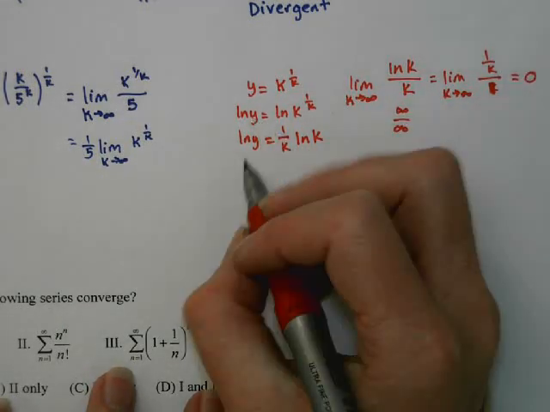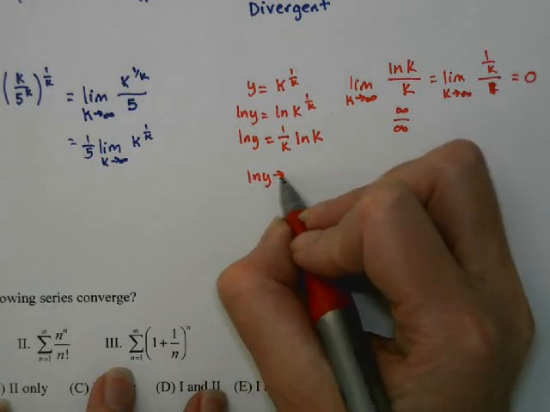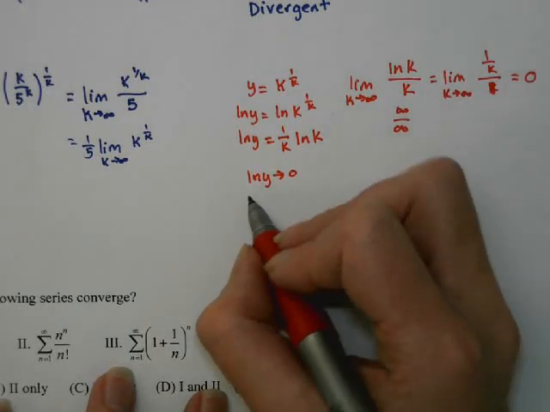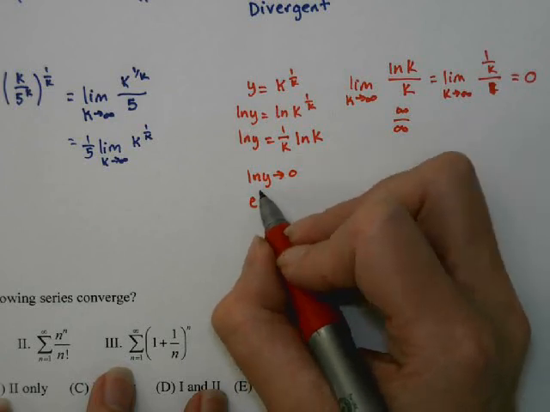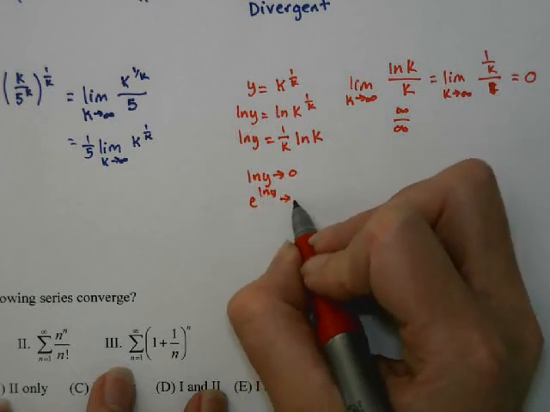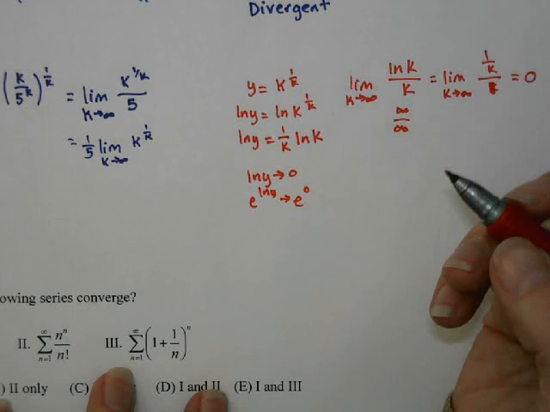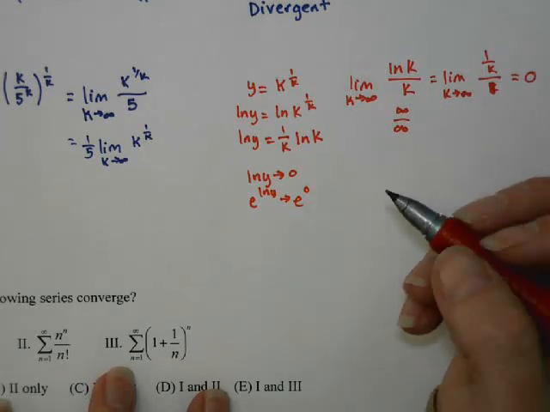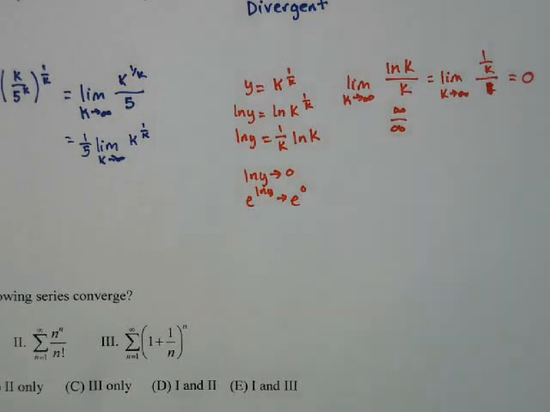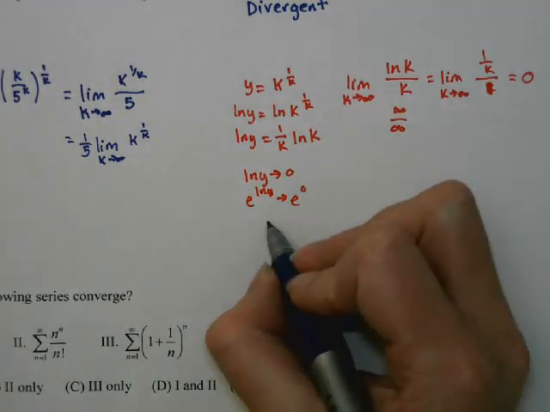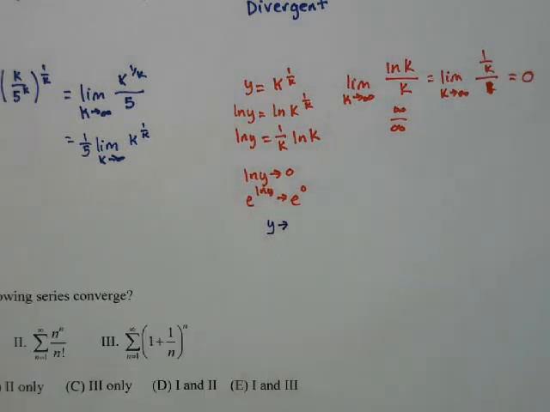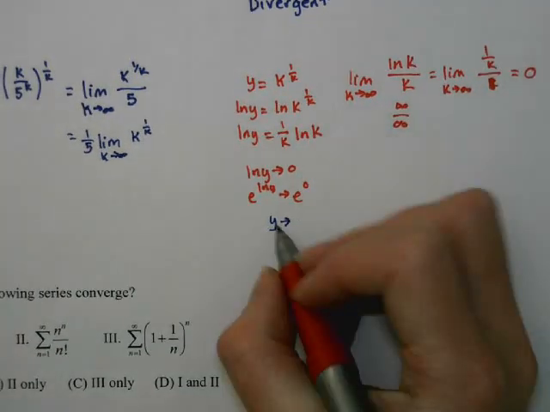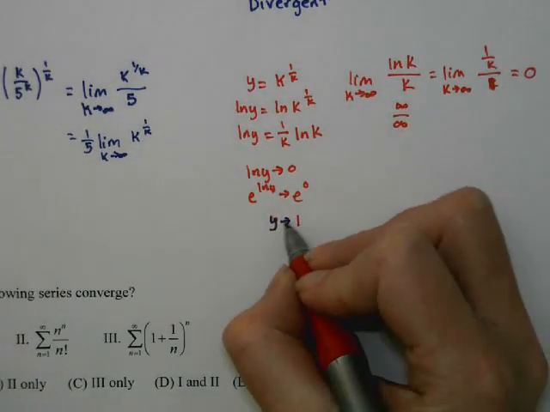Well, that's what this is going to. So that means the natural log of y is going to 0. So e to the natural log of y is going to e to the 0, which is just 1.